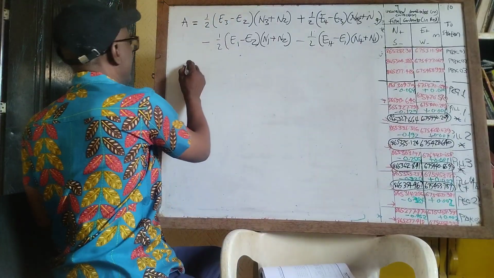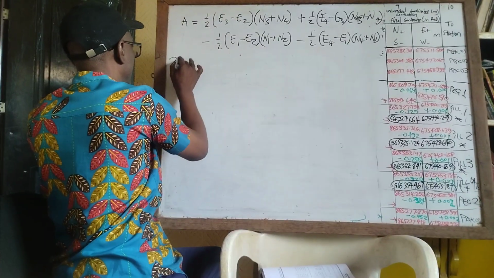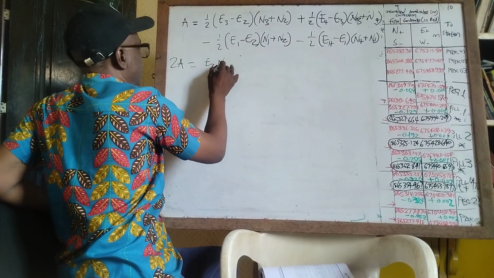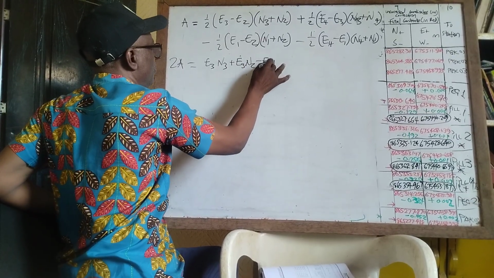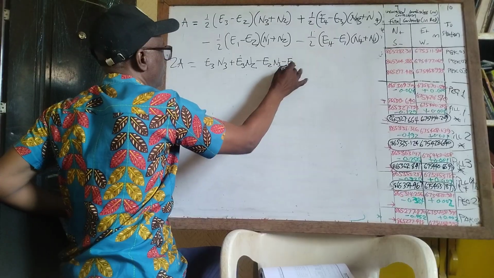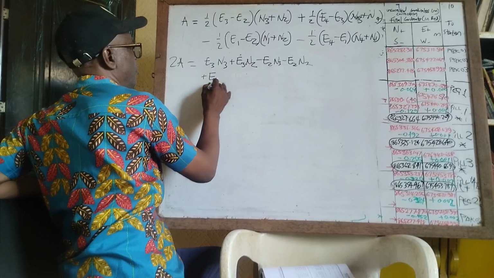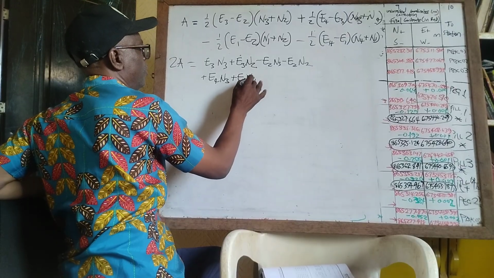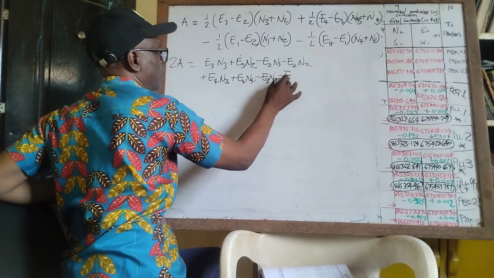Now let us try and expand it. You see this half can come out and join here. 2A will now be what? Expand this to give you E3 N3 plus E3 N2 minus E2 N3 minus E2 N2. Now let's expand this, plus E4 N3 plus E4 N4 minus E3 N3 minus E3 N4. Now let's expand this.